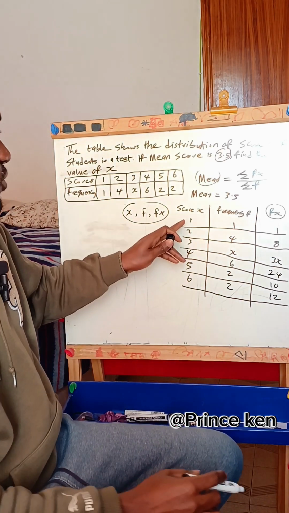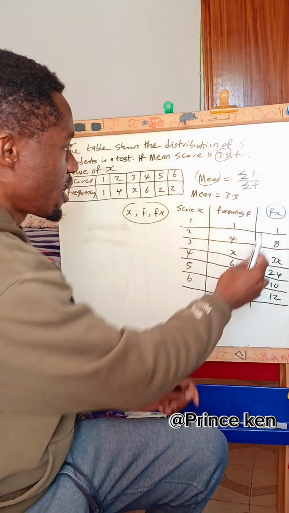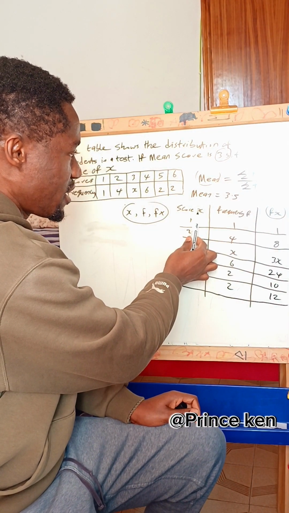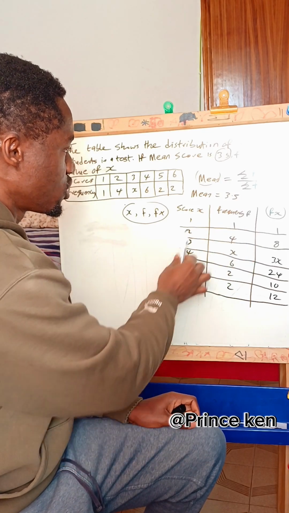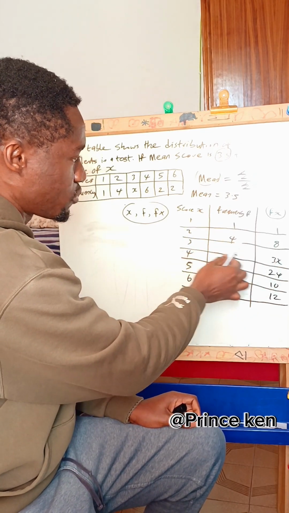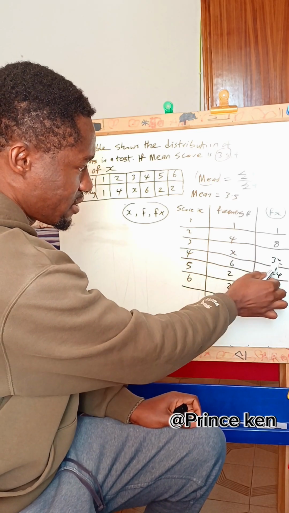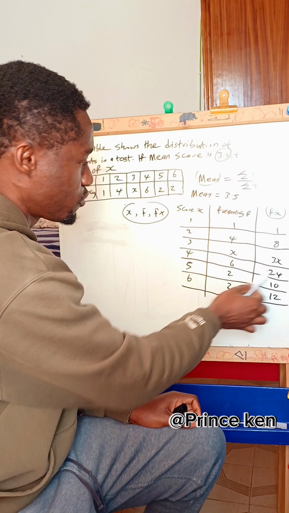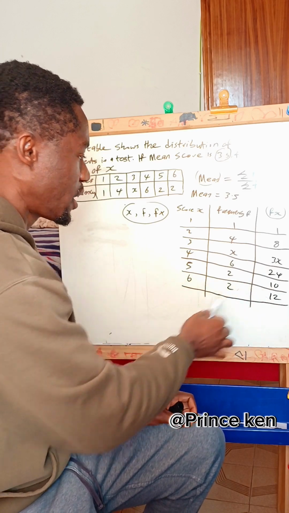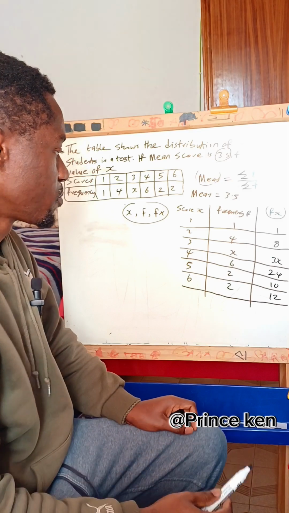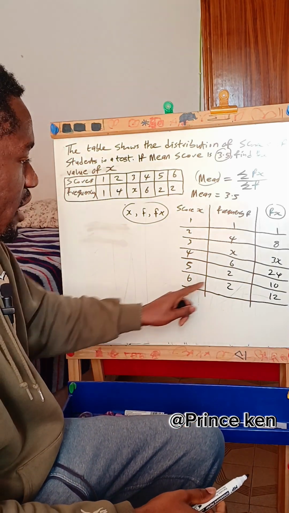What I did here is that, you see, Fx is x times F, which is 1 times 1 is 1, 2 times 4, 8, 3 times x is 3x, 4 times 6, 24, 5 times 2, 10, 6 times 2 is 12.